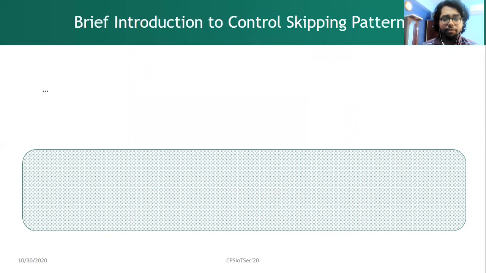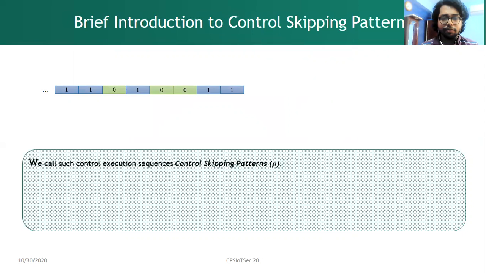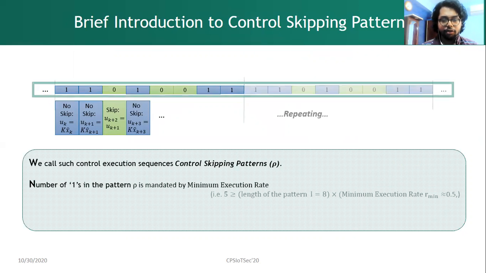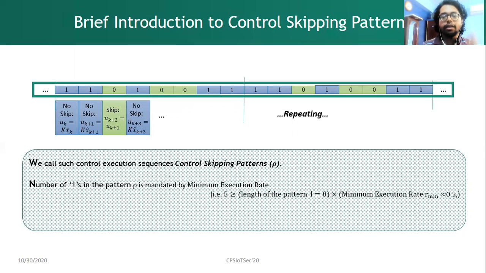Now we use the term control skipping pattern to denote the occurrence of control law executions over time. For a closed loop system, 0 denotes an execution skip and 1 denotes a usual control update. Now, the control skipping pattern should abide by a minimum execution rate, obviously, to check that the degradation due to skipping does not go beyond the performance margin.